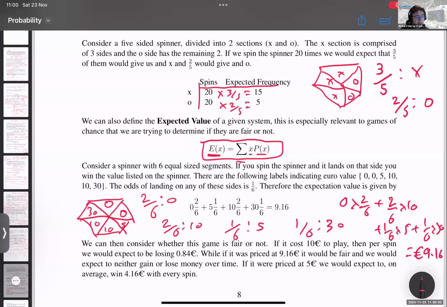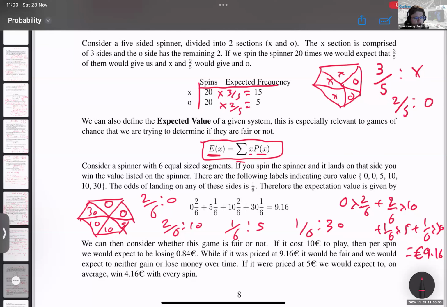So if we're playing this game, we expect that on any random spin our winnings will be €9.16. Now, this doesn't have to be a number that's available on our spinner. It is just an approximation that if we were to spin this 1,000 times, our average win would be €9.16, because sometimes we'd win €10, sometimes we'd win €30, and sometimes we would get 0 or 5.